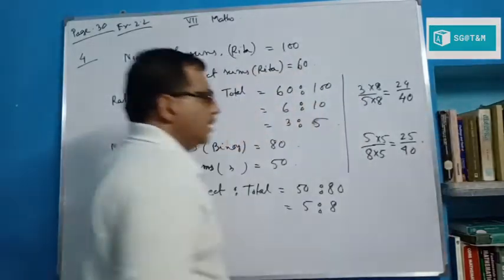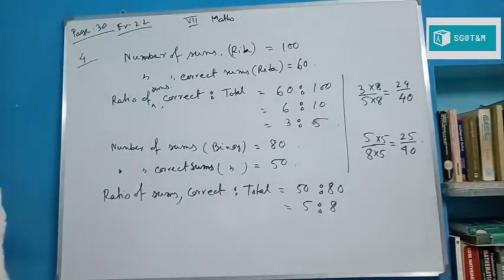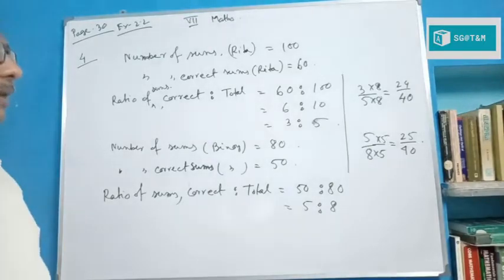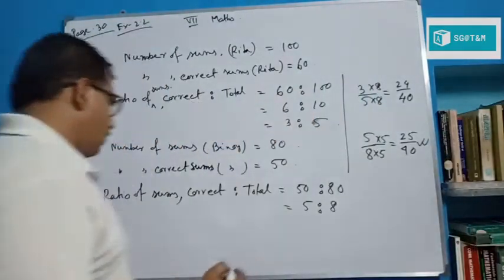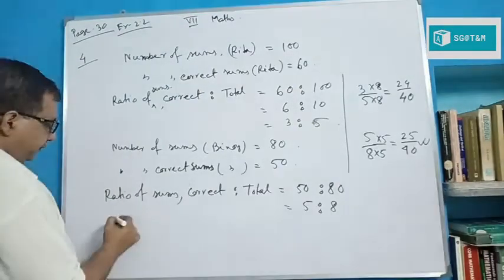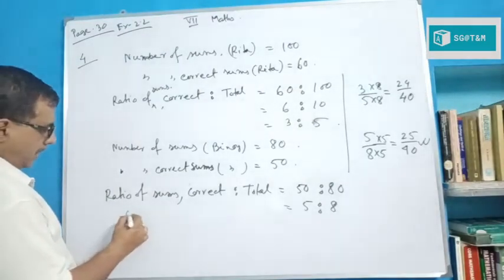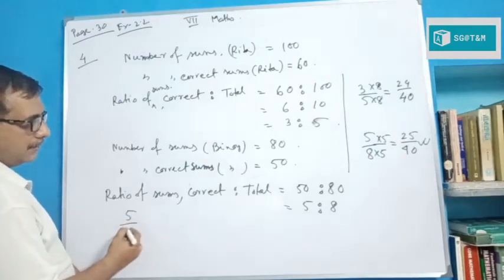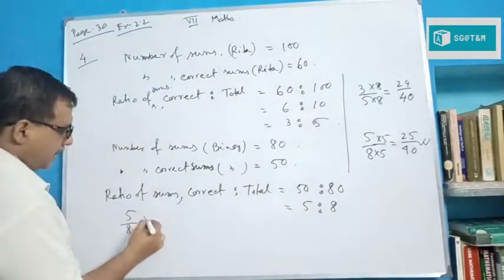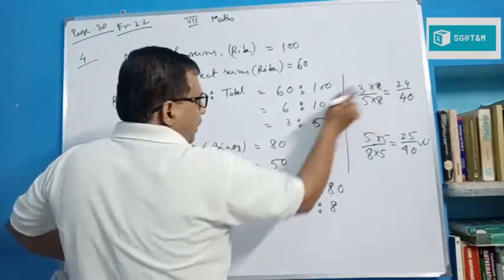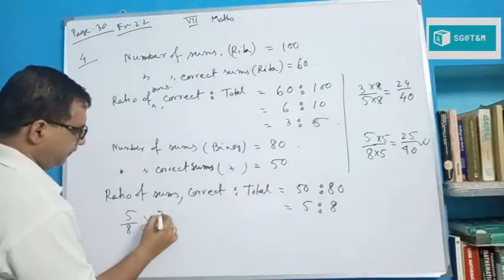So which one is greater, 25 by 40 or 24 by 40? Obviously 25 by 40 is greater. Now since 5 by 8, this is nothing but 25 by 40, is greater than 24 by 40, that is 3 by 5.